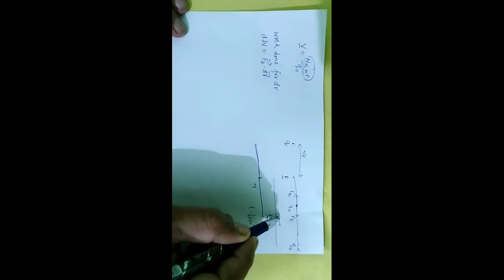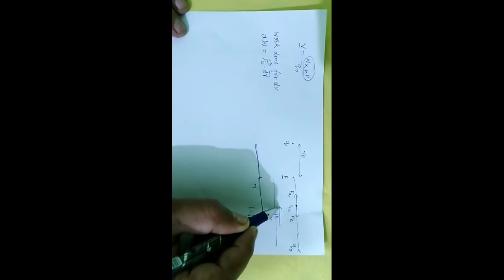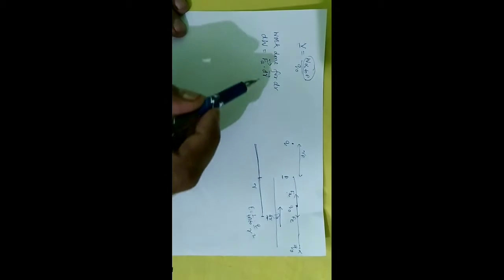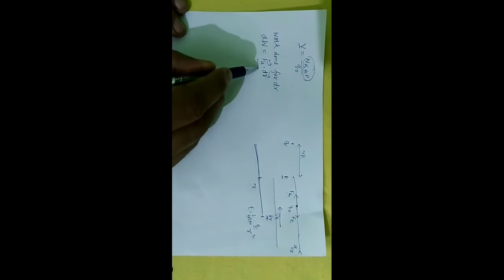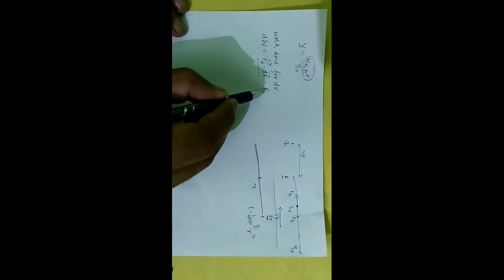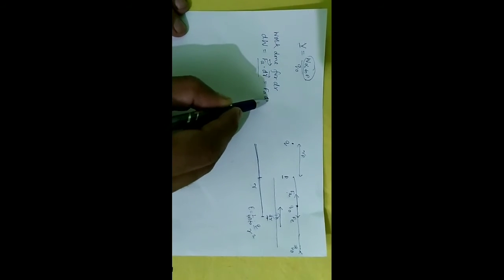You are bringing a charge from infinity to this position, so this is the direction of displacement, and the applied force is also in the same direction. So cos theta is equal to 1, and it becomes F applied times dr.